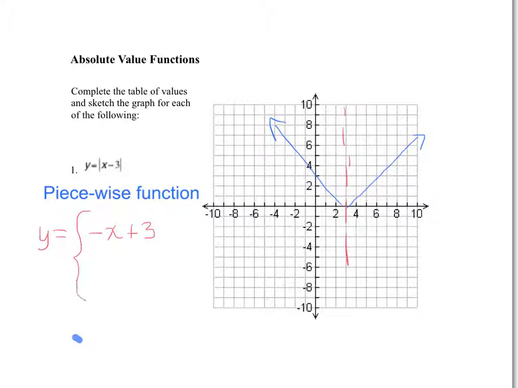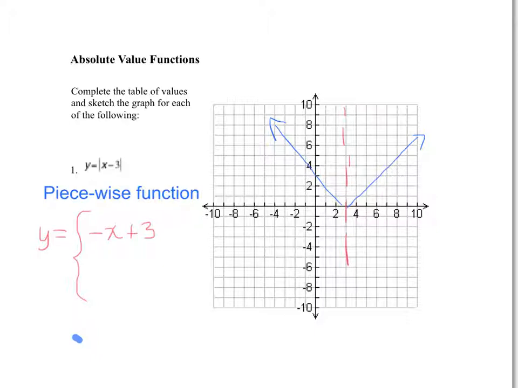Plus 3 because it crosses the y-axis at 3, and negative because the slope is down 1 to the right 1. So negative x plus 3. But what we need to write is for the absolute value function that we have graphed there.